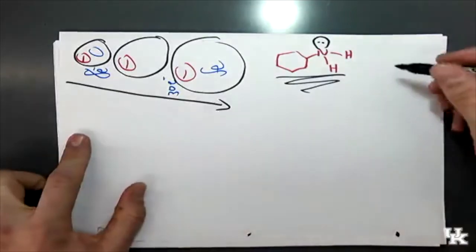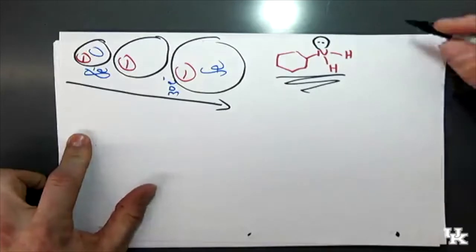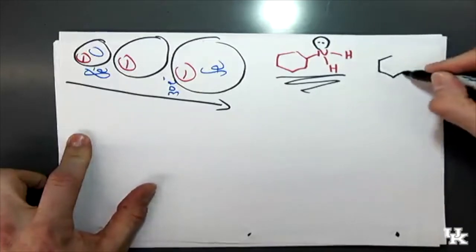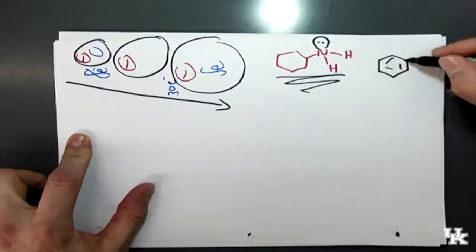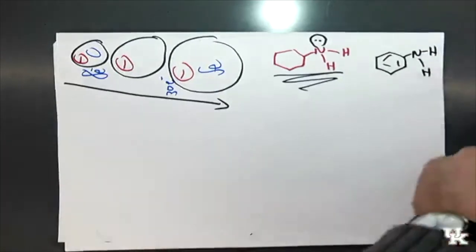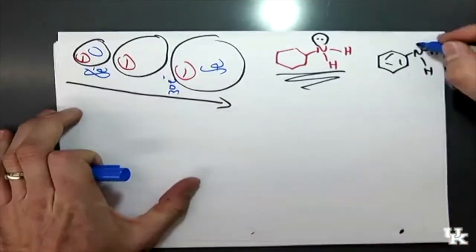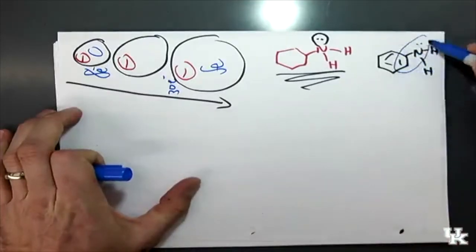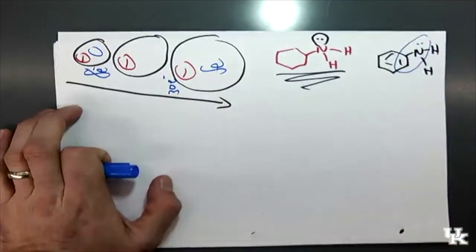So, for instance, if you look at the 3rd structure there, it's called aniline. Hopefully you recognize a resonance pattern here, kind of like an allylic anion, right?